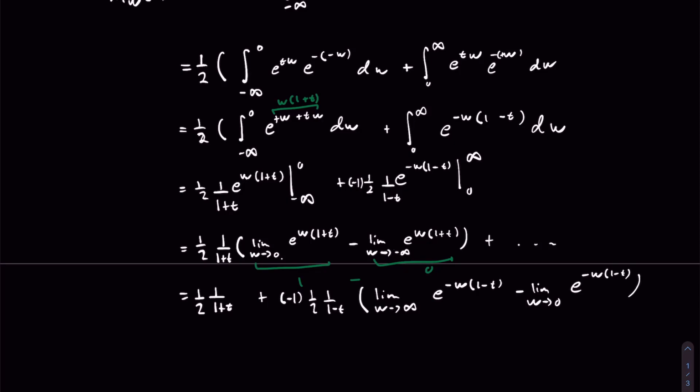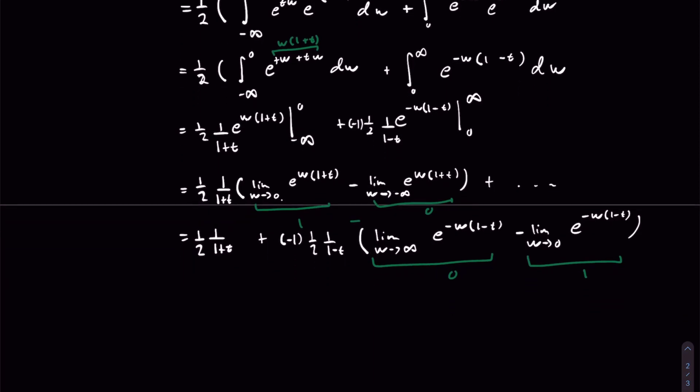We see that this expression here is 0. This expression here is 1. So we end up having half 1 plus t. All right, so we have a minus 1 from here, and that cancels this out. So we end up having half 1 minus t. Okay. All right, we're getting there.